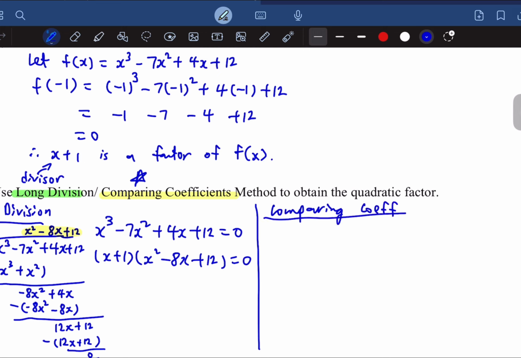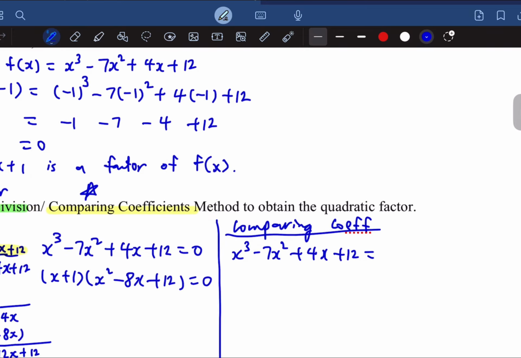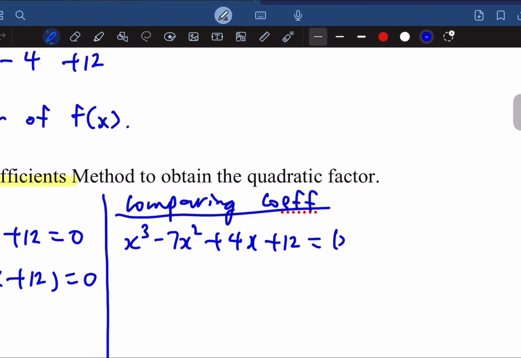So over here, I have my x cubed minus 7x squared plus 4x plus 12. Based on this, my first factor is x plus 1. Inside the second bracket, because this is degree 3 and this is degree 1, here will have to be degree 2, which means it must be a quadratic, so that it can give a degree 3 polynomial.